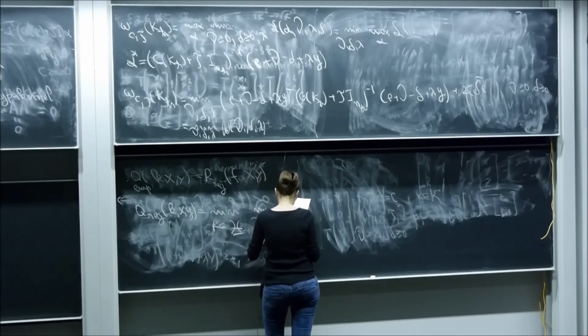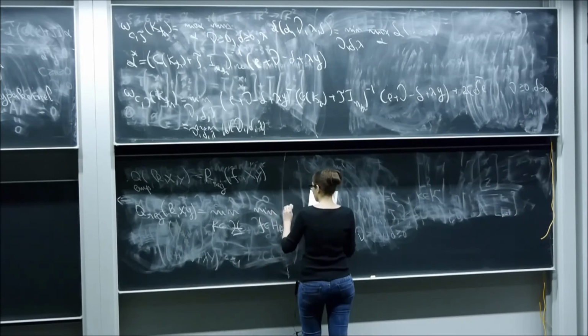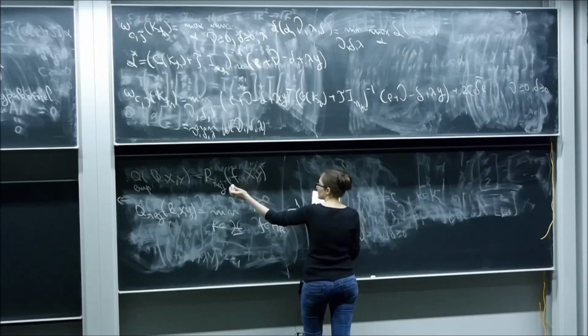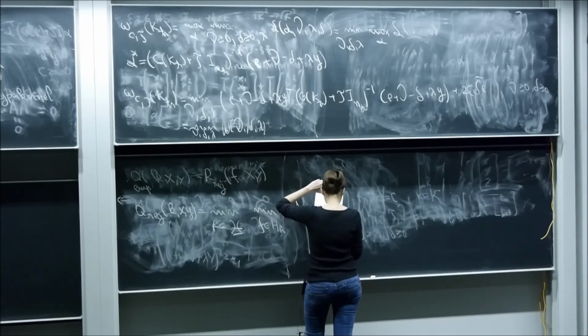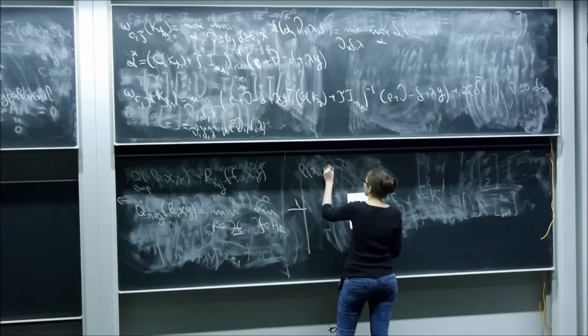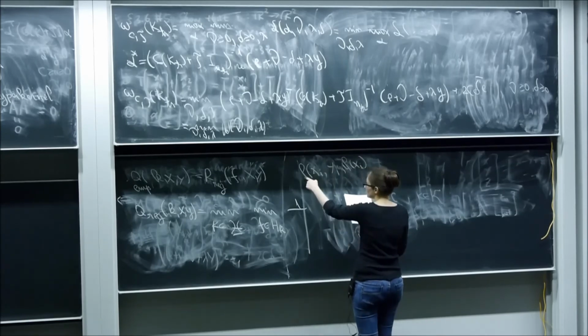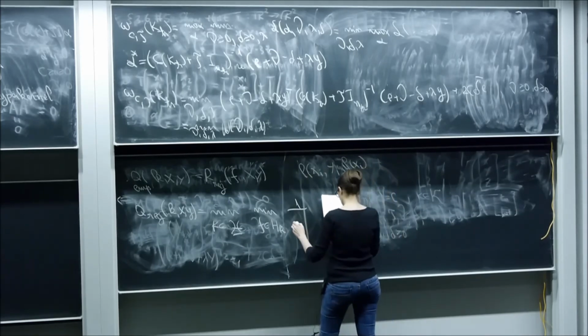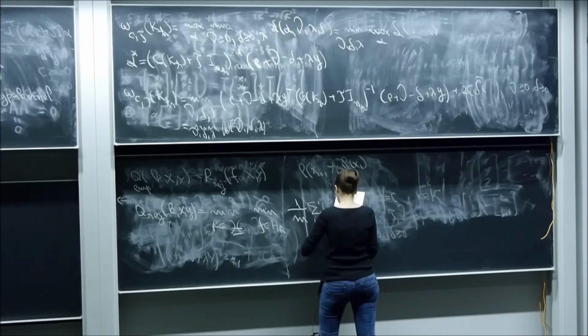Minimize over F in HK. This is just a regularized risk functional using a loss function L of xi, yi, f of xi. It's just the expectation of that loss. It's 1 over m. And this is my hypothesis space for f.